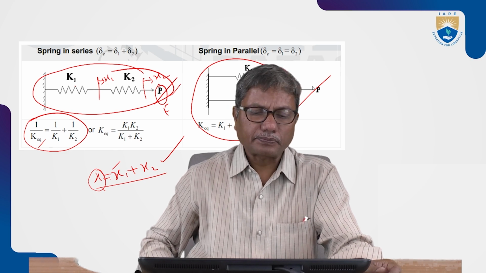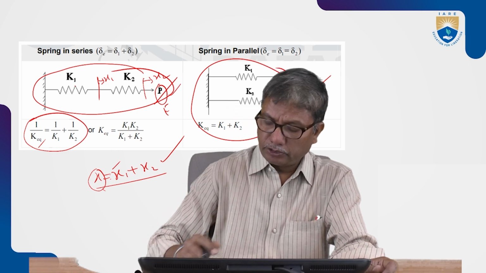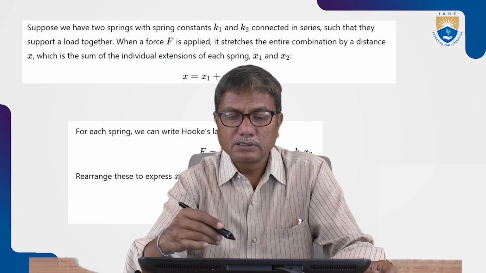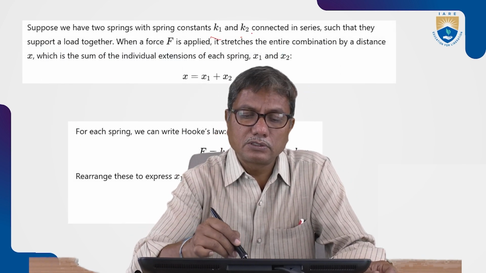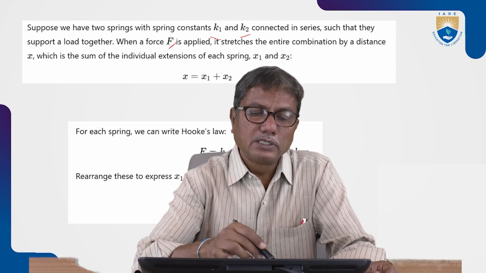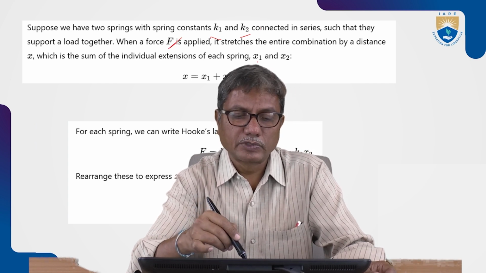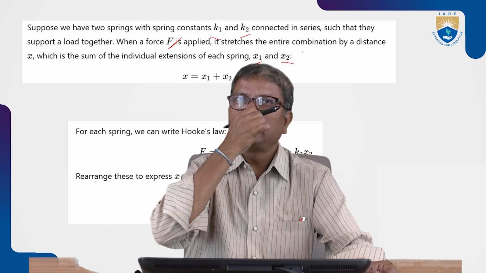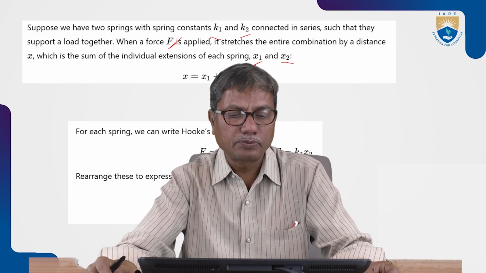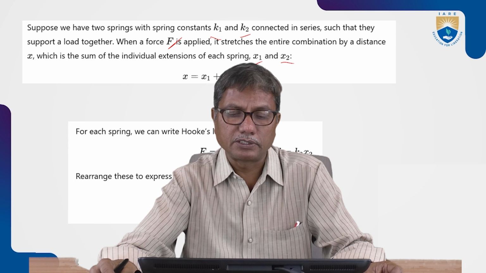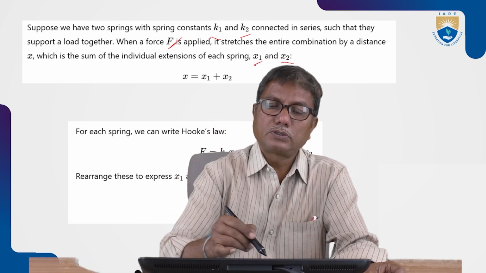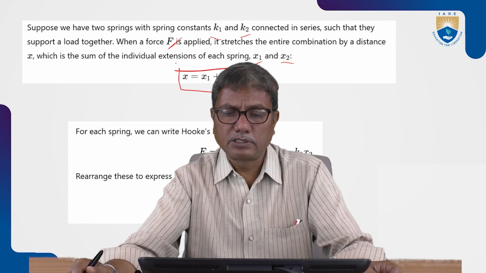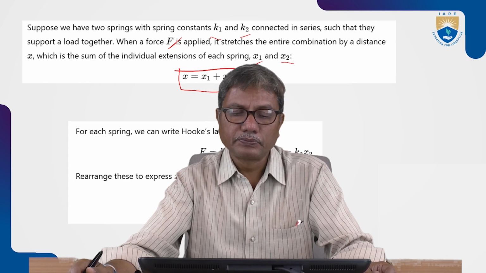So here the springs are subjected, K1, K2 are the stiffnesses we are calling, and F be the force acting on it, and X1, X2 be the individual displacements, extensions of the springs. So the total elongation of the assembly is the sum of these two, X1 and X2.